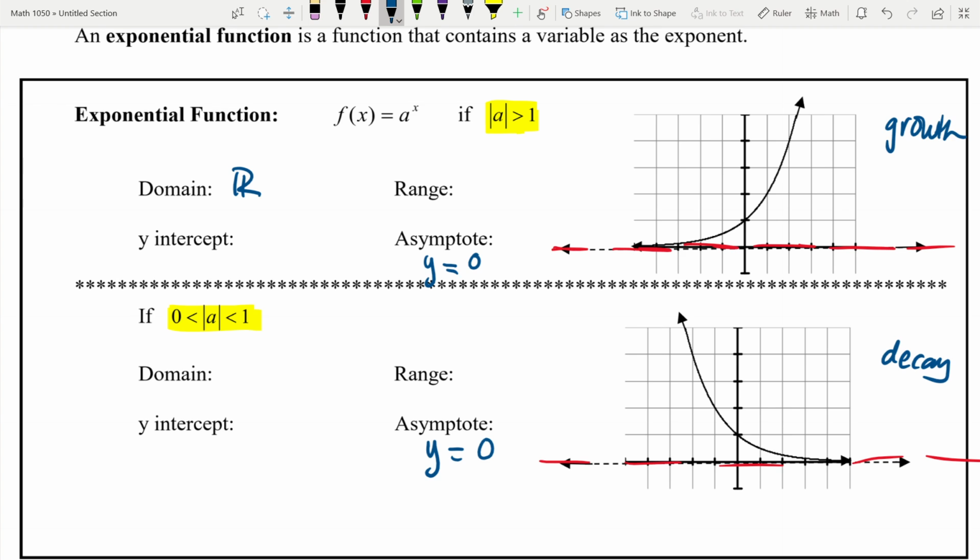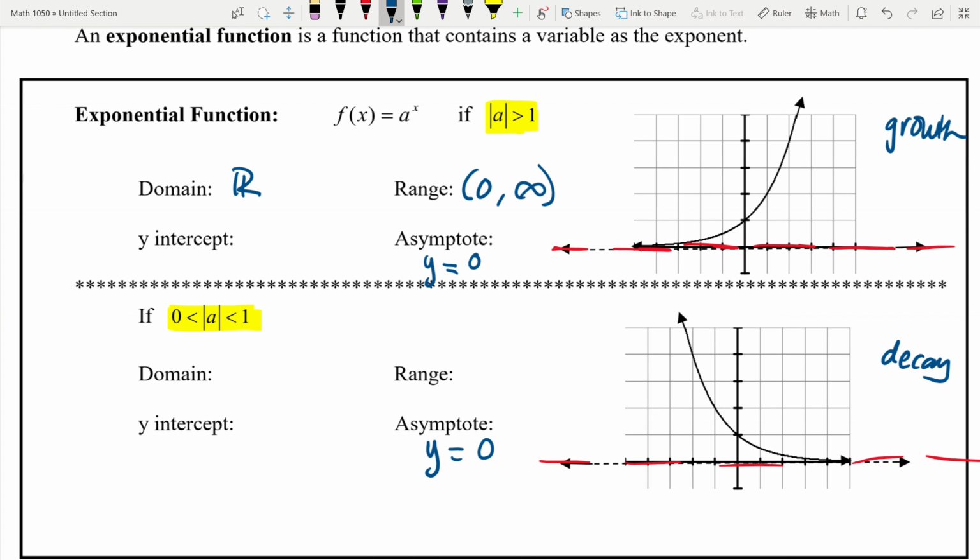No. But as I move forward, tell me the smallest y that touches my graph. It doesn't touch it, right? It almost touches the graph. 0. How do I close my 0? With a parenthesis, not a bracket. Why not a bracket? It never touches it, right? So it's 0 to infinity, okay?